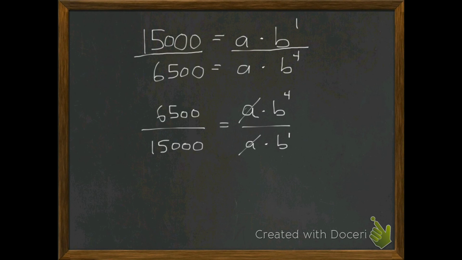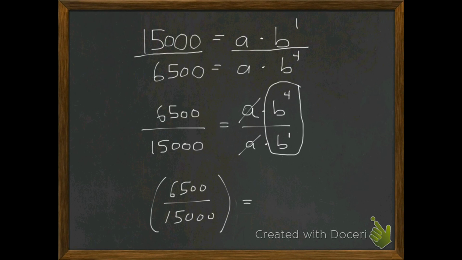All right. So what we could do now is we can cancel the A's to give us 6,500 over 15,000. Now, how do we handle B to the fourth over B to the first? Well, guys, what we do there is we subtract the exponents, 4 minus 1, to get B cubed. Now, we're going to do a little tricky business here. What I want you to do now is raise this power to the inverse of 3.